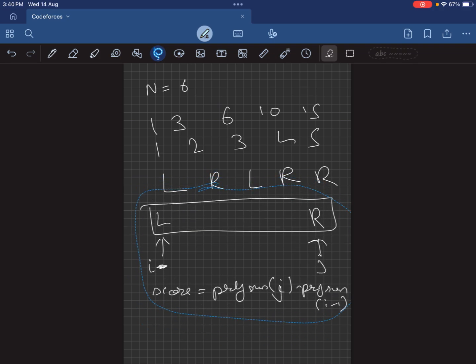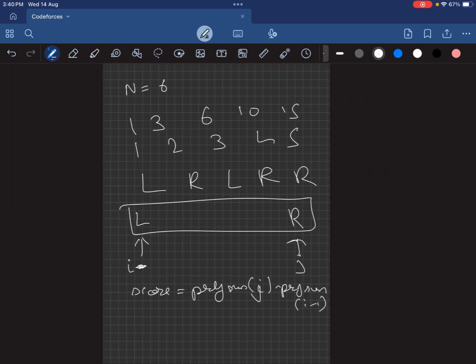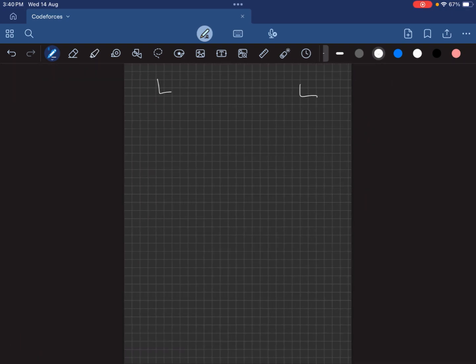So this is one case when the letter at I is L and at J is R. What if both have L and L over here? In that case, it might happen that there exists an R before this.